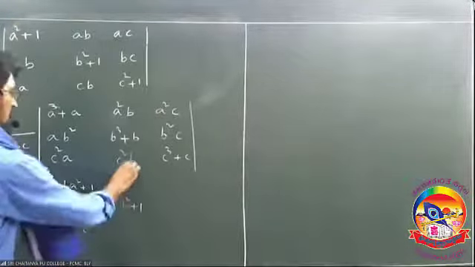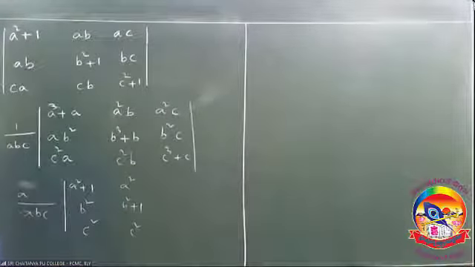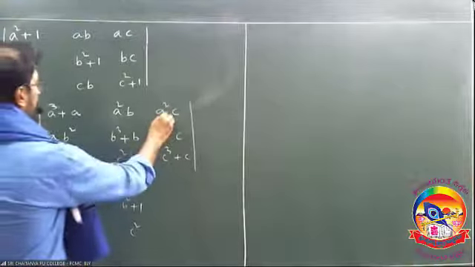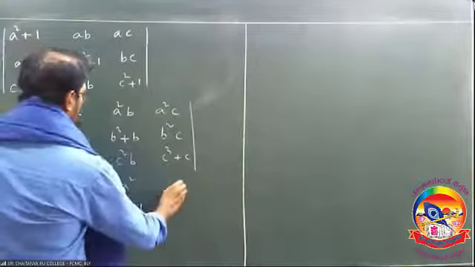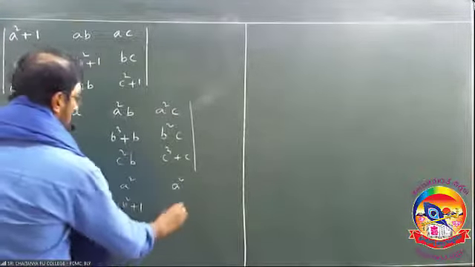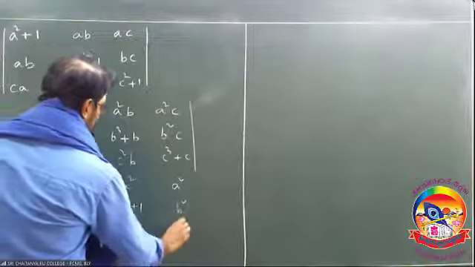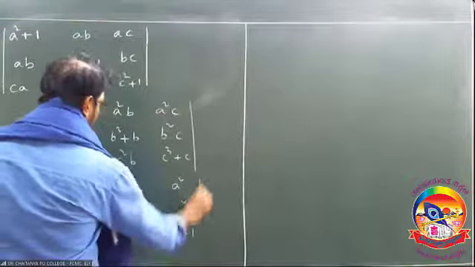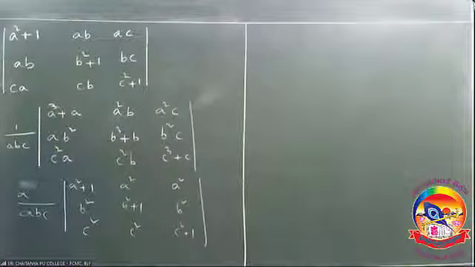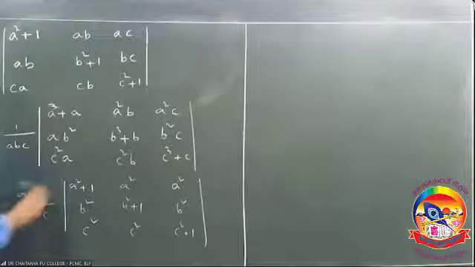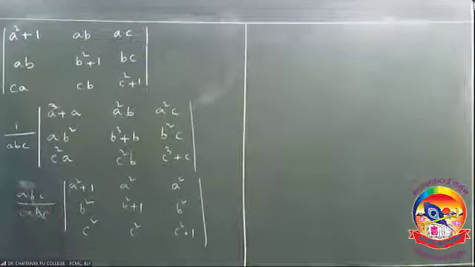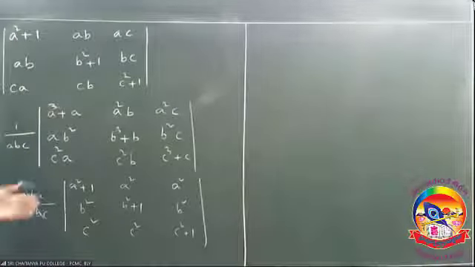Here it is c square. Now take c common, it becomes a square, b square, c square plus 1. Now add 3 rows. That means here b outside, c outside. This will get cancelled. Now observe.